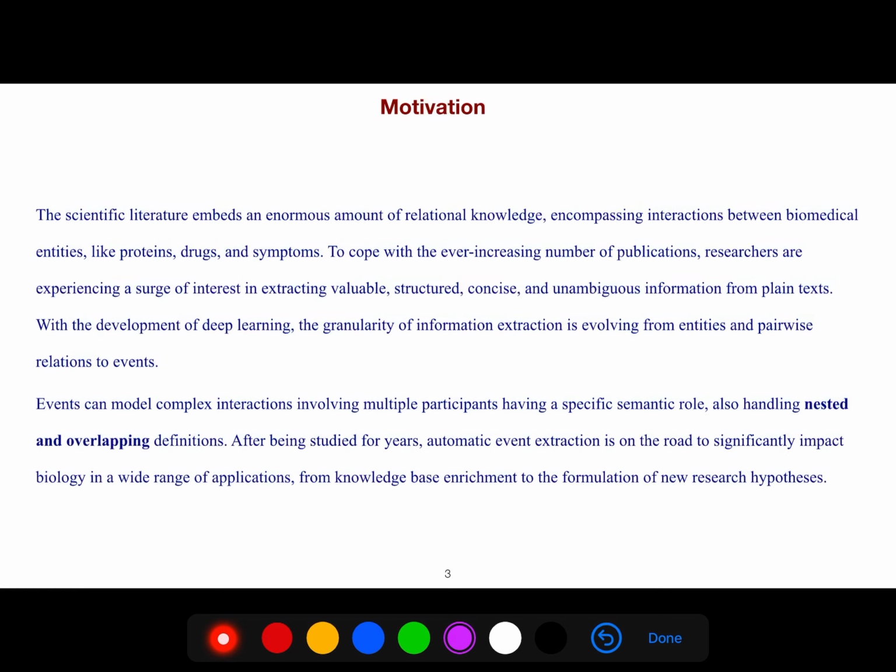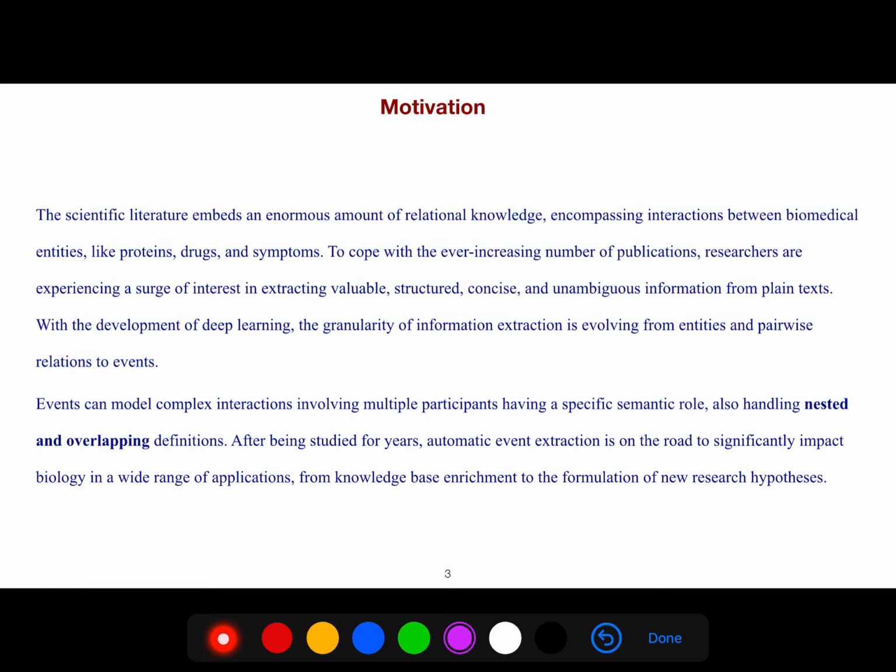With the development of deep learning, the granularity of information extraction is evolving from entities and pairwise relations to events. Events can model complex interactions involving multiple participants having a specific semantic role, also handling nested and overlapping definitions.